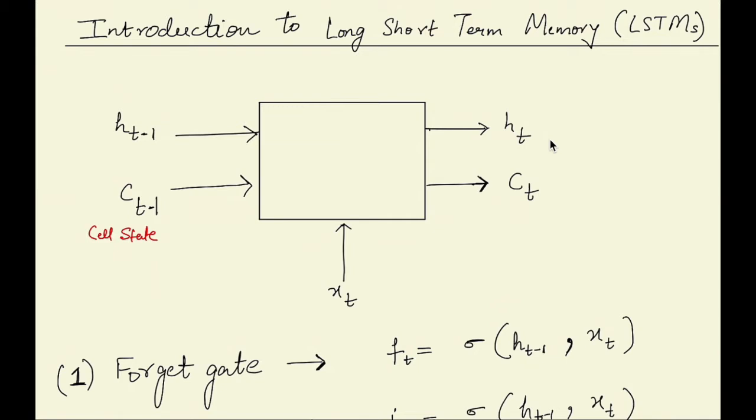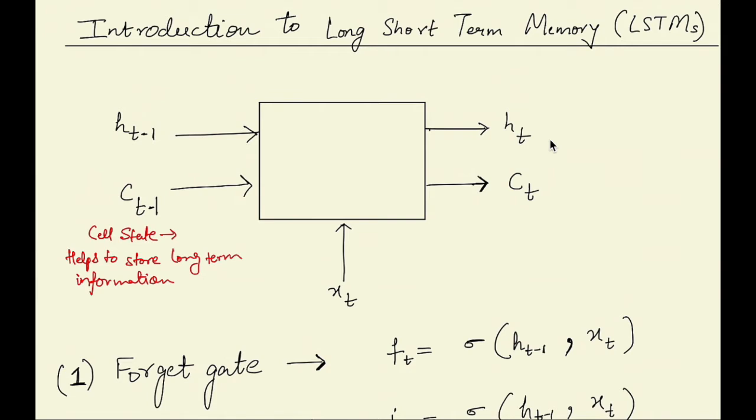If we are looking at textual data, or in general, RNNs are not able to store long-term information. So the cell state basically helps us to store long-term information of the sequence. And the hidden state is the same as in an RNN.